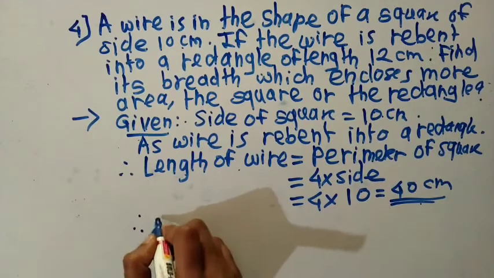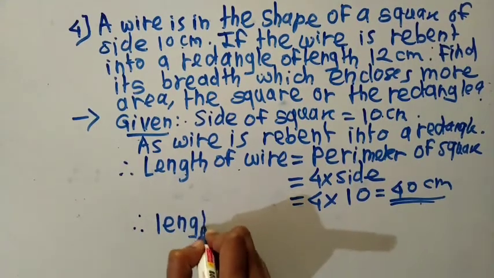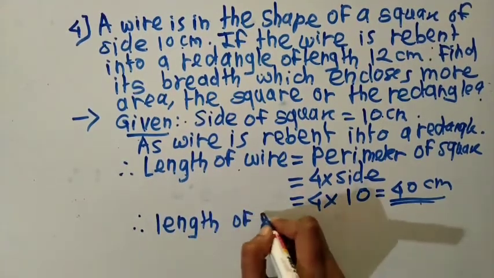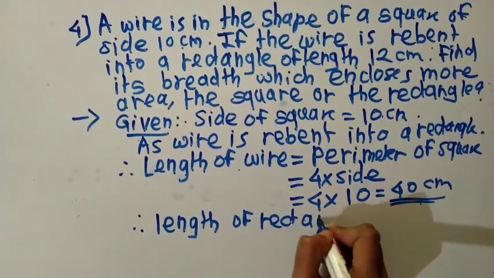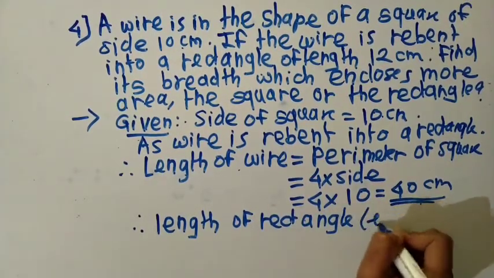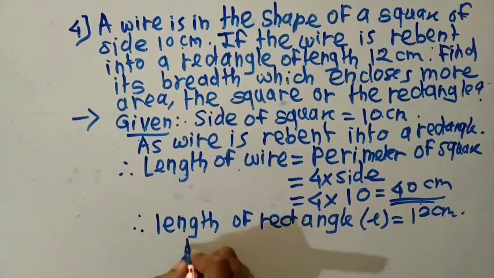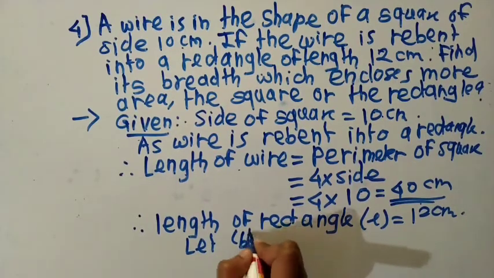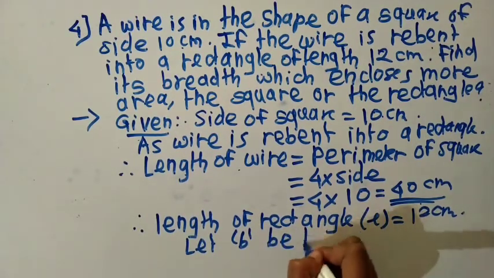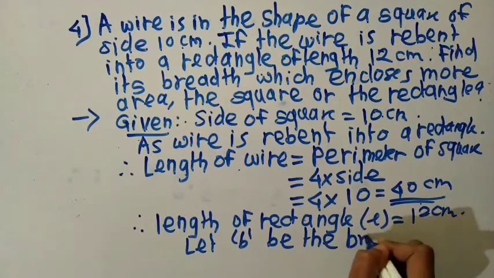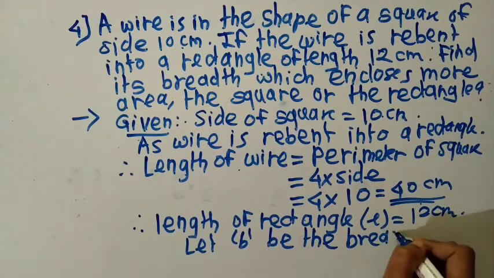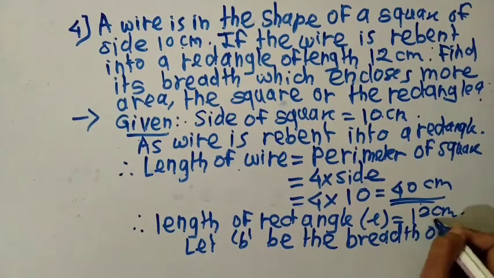Then length of rectangle L is equal to 12 centimeter. Let B be the breadth of the rectangle.